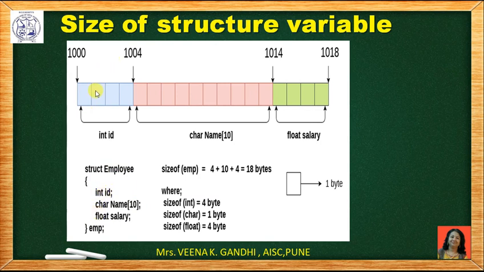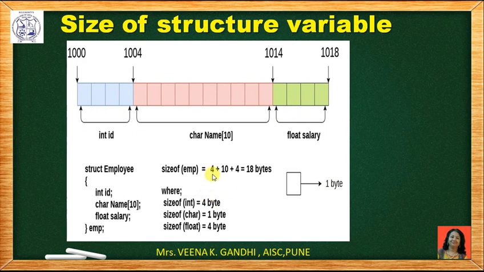Now in a structure, for every member, memory is allocated continuously. So here you can see in the figure, ID has 4 bytes of memory, then name is a character array of length 10, so 10 bytes for name, and 4 bytes for float. So the size of the employee variable will be size of ID plus size of name plus size of salary.